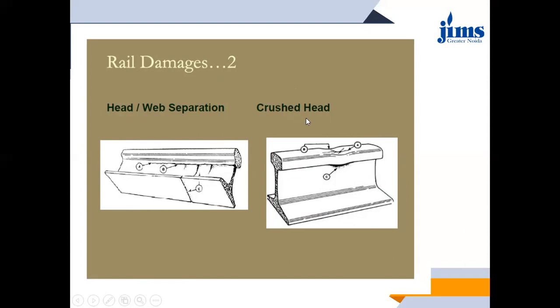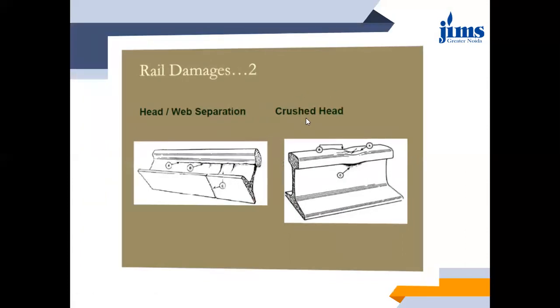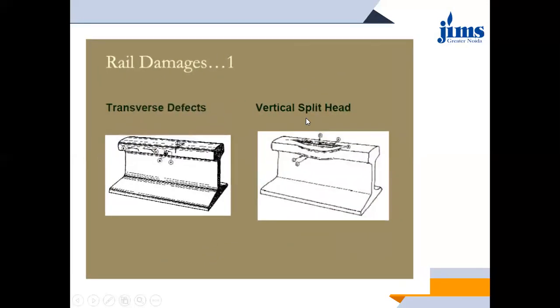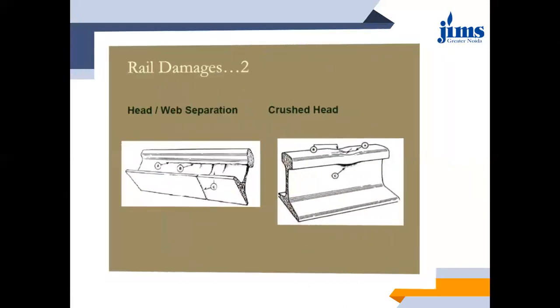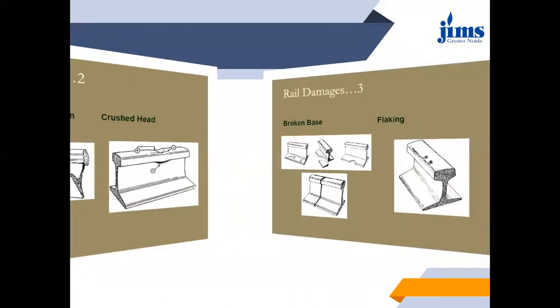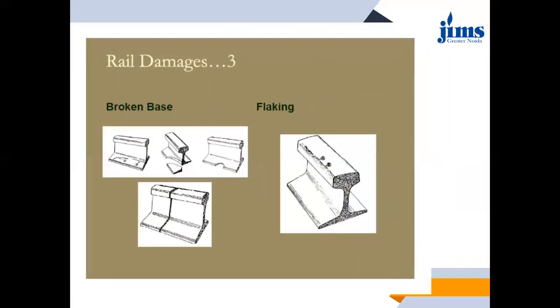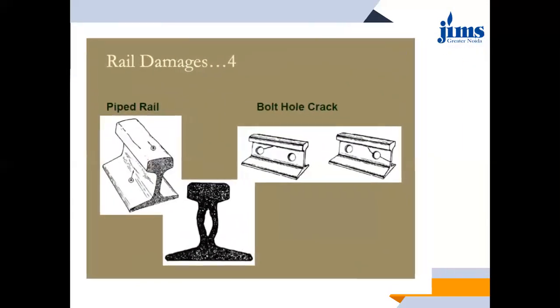Split head and crushed head are quite similar in nature, but there is a difference in the amount of the split or the amount of the crushing which takes place. Then here are images of broken base and flaking. Even if flaking is there, the rail is considered damaged. So it has to be replaced.